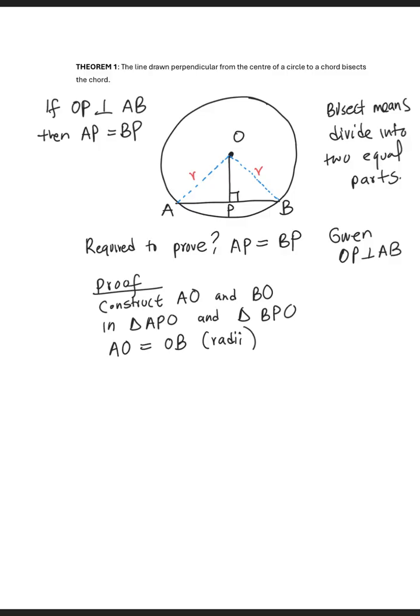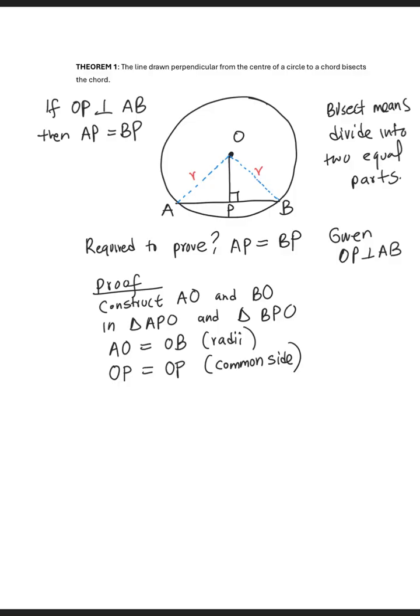And then next we're going to say OP is equal to OP, and then the reason will be what? Common side. It's a common side that the two triangles share, right? And then now we can see that OP is perpendicular to AB, right?